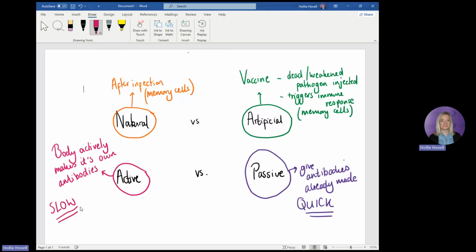Now, on the other hand, there's a reverse argument because the active immunity will last a long time. Because in active immunity, you're going to make memory cells. You'll make antibodies as well, but you'll make memory cells too. And that's why it lasts a long time. Whereas passive immunity, because your immune system was never triggered, it's only temporary.